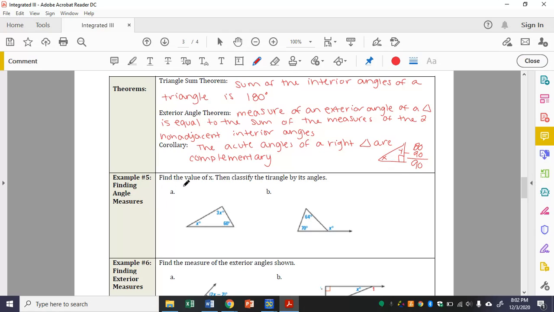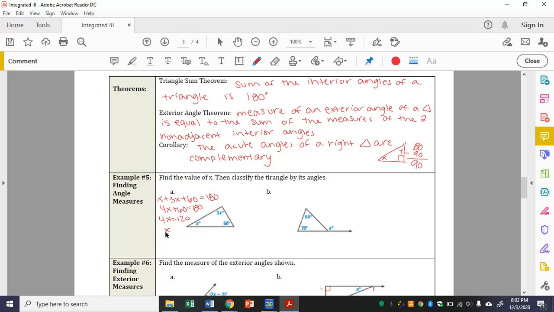So in letter A, we want to find the value of x, then classify the triangle by its angles. We see on letter A we have our three angles here. What we said in the triangle sum theorem is that we can add all of these together to get 180. So I say x plus 3x plus 60 equals 180, which is just 4x plus 60 equals 180. We solve for x: subtract 60, we get 4x equals 120.